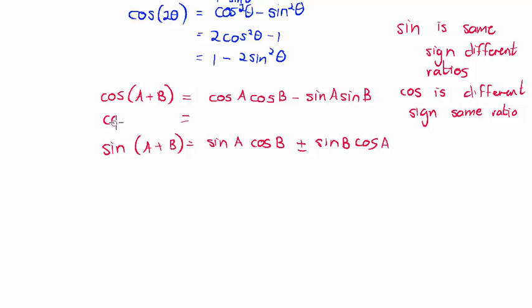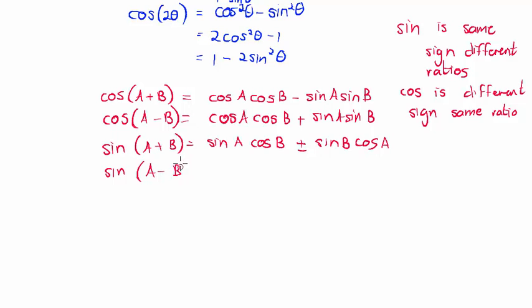So what will cos(A minus B) be? Sine A, sine B. No. Minus.